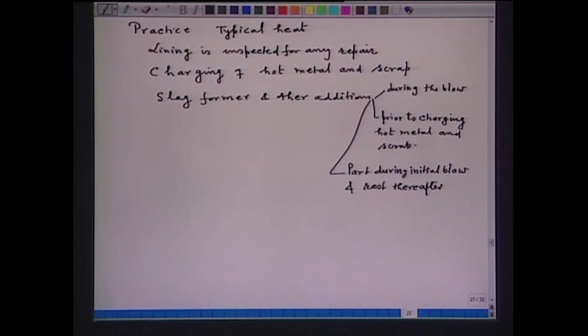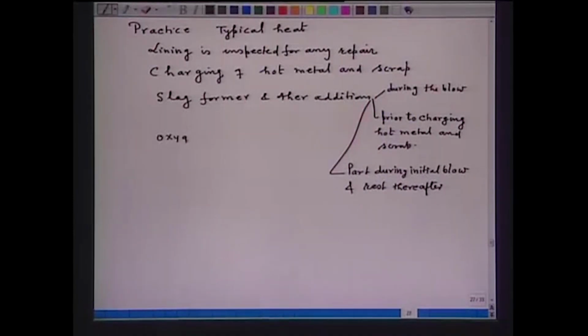So, what is being said here? These are all variations that vary from practice to practice. Some practices prefer to charge all in the beginning, some during the blow, some part during the blow and later. It all varies, but it does not matter. Whatever amount is required has to be charged during the refining operation.